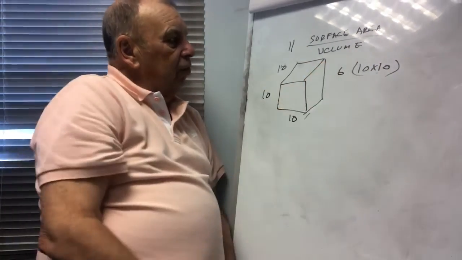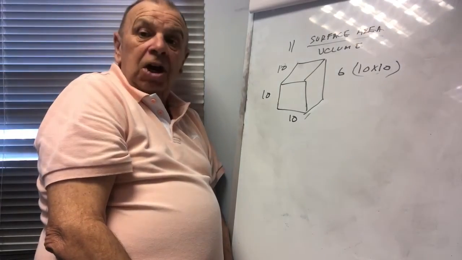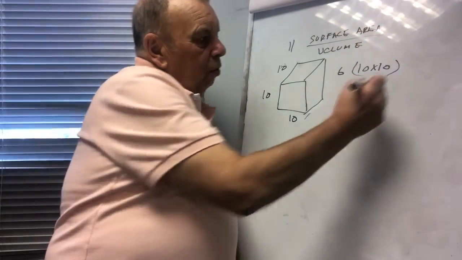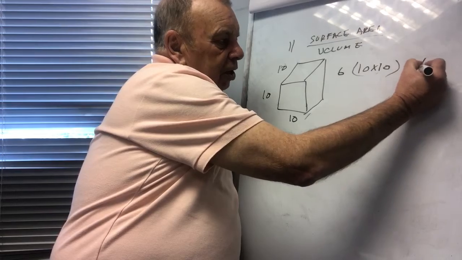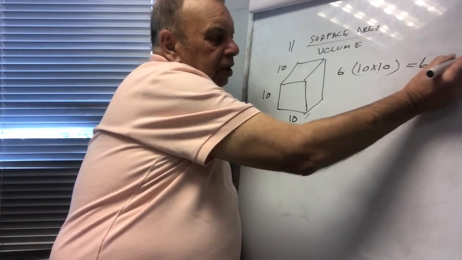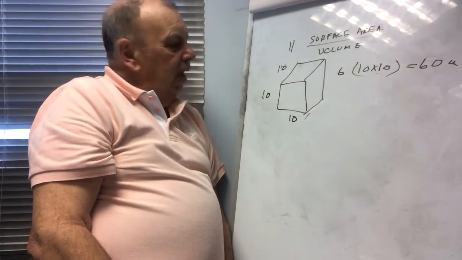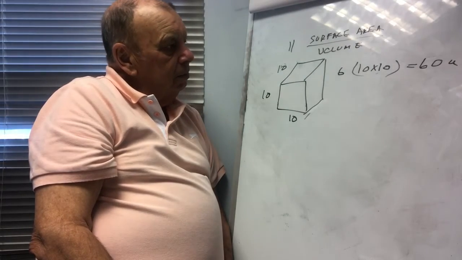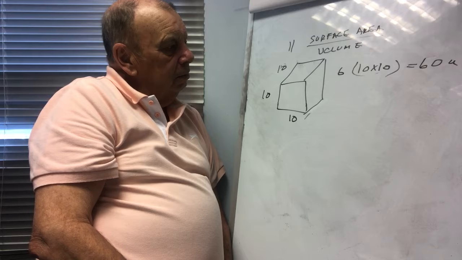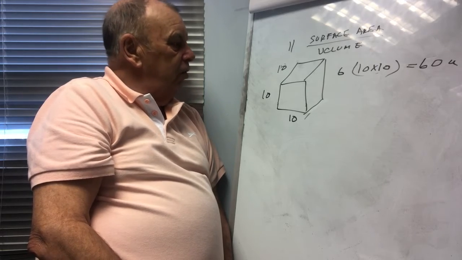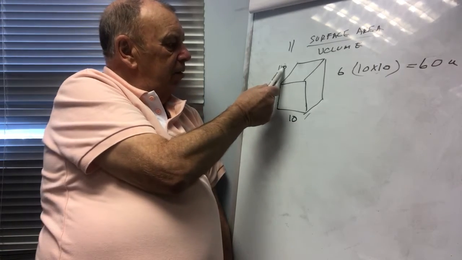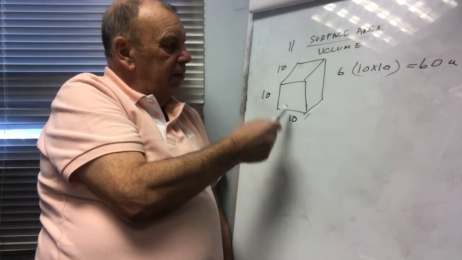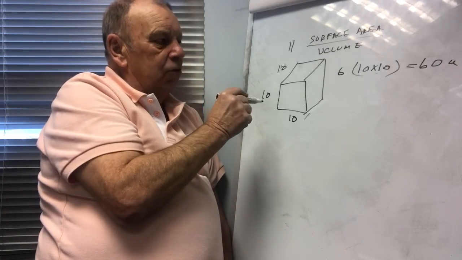So therefore its surface area would be 60 units, let's just call it U. And its volume would be 10 by 10 by 10 is 1,000.